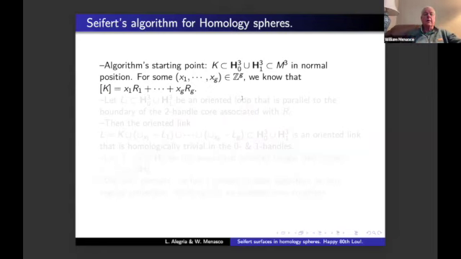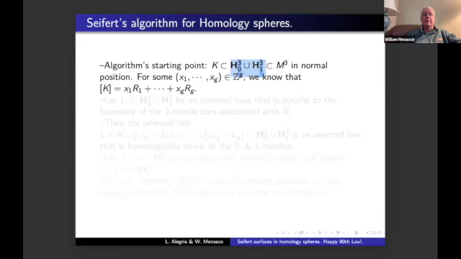So the way the algebra works is you use your handle decomposition to give you the homology presentation, and then if you are in a homology sphere, you take your knot in normal position, so it's contained in the zero handles and one handles of the handle decomposition of your three manifold.